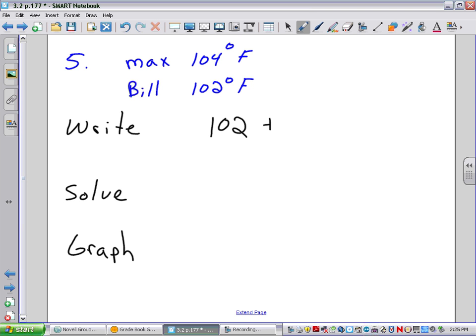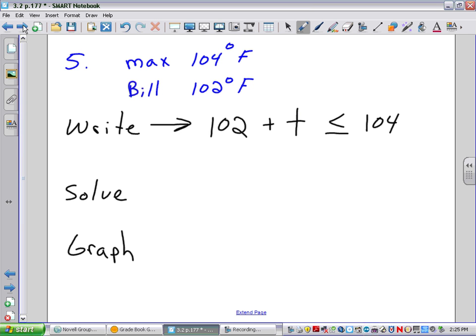If I increase that by T degrees, so 102 plus T, I can't go over 104. So his temperature has to be less than or equal to 104. And that's the inequality. So in other words, it looks like I can go up 2 more degrees and still be safe. So that's the writing portion. I just wrote the inequality.